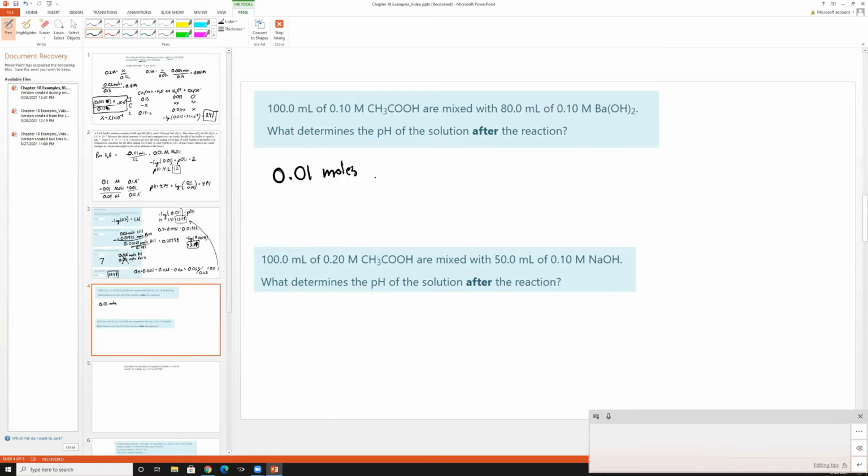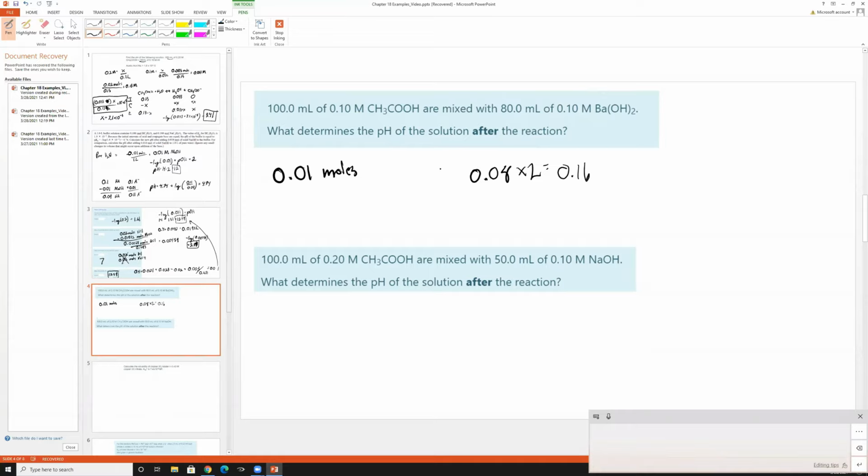And they're mixed with 80 mils of 0.1 molar barium hydroxide, which is a strong base. So the moles of barium hydroxide will be 0.08. But you multiply that by 2, since there are 2 hydroxide moles per barium hydroxide, so 0.16.